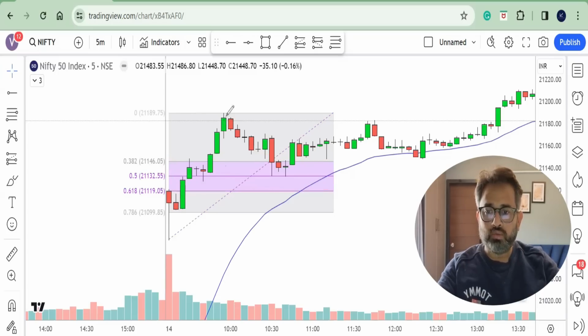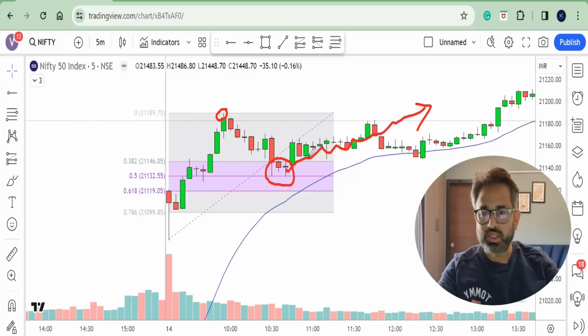So when price made a big swing high, price is likely to take support near this purple box. And when you see pin bars or a bullish candle, there are chances of trend continuation on the upside. So that is the second strategy, trading support and resistance based on Fibonacci retracement.